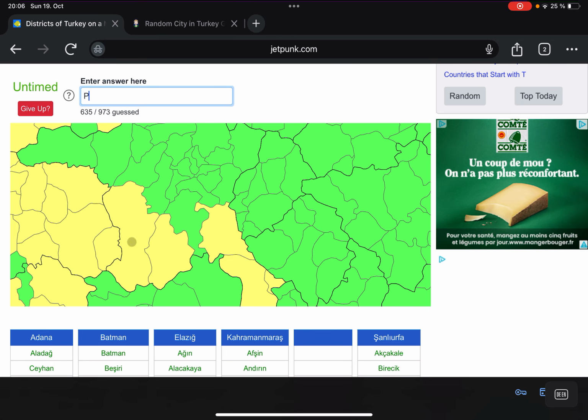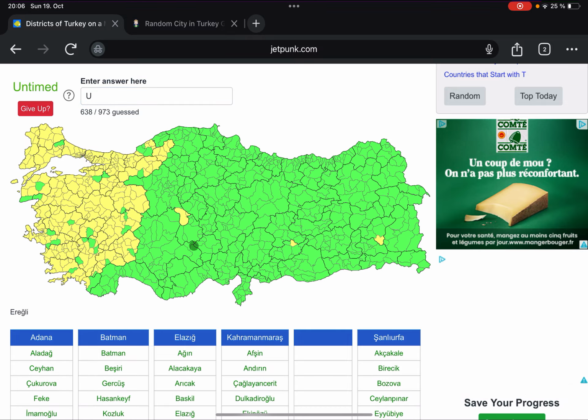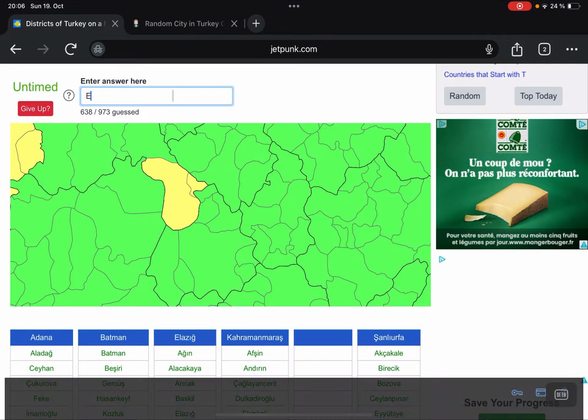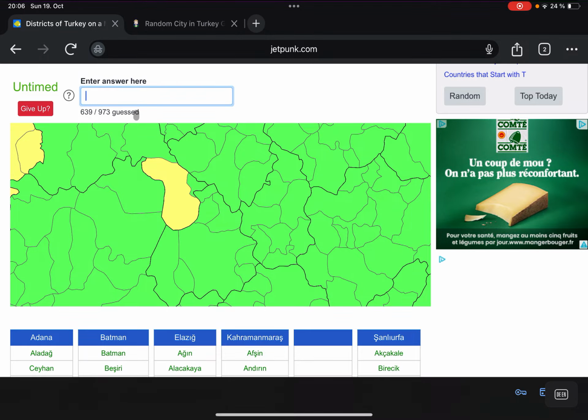Anyway, so here we have Polatlı, Haymana, Bala, Evren, and of course Şereflikoçhisar.